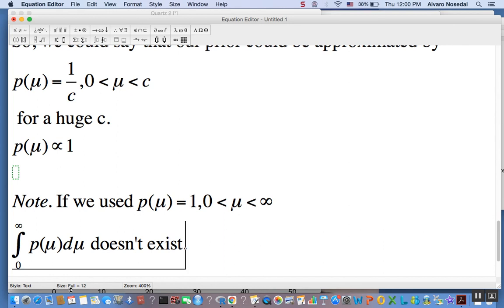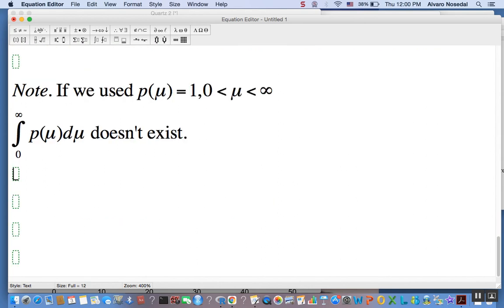Right? You could say that this integral would be infinite, right? So it doesn't exist. So that's why this kind of prior is called improper, okay? Because its integral doesn't equal 1.